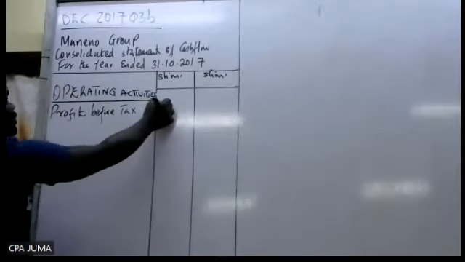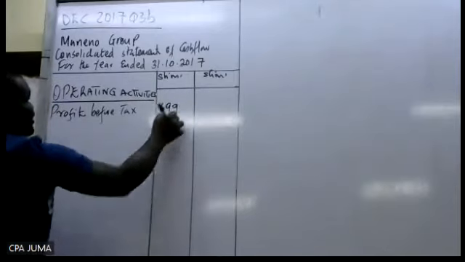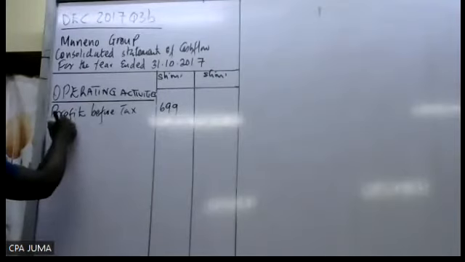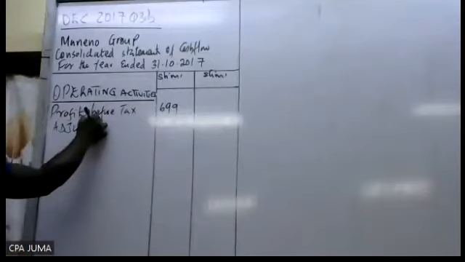Profit before tax. How much? Check from the P&L. Profit before tax is 699. So give us 699. Then adjust for.